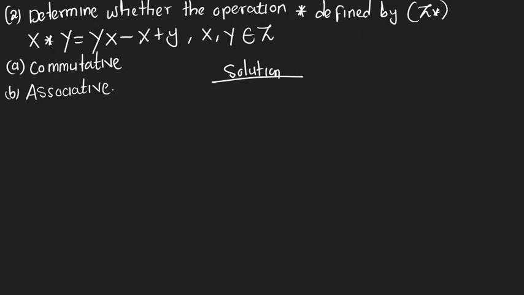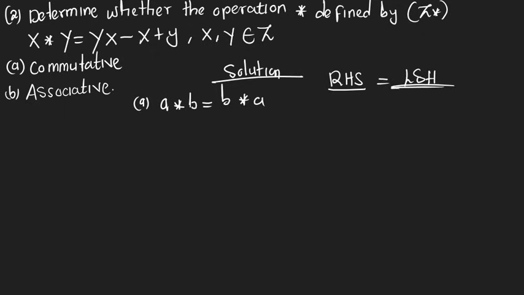A binary operation is said to be commutative if A star B is the same as B star A. So in this case, we can prove this. Right hand side should equal left hand side. That is how you prove commutative.